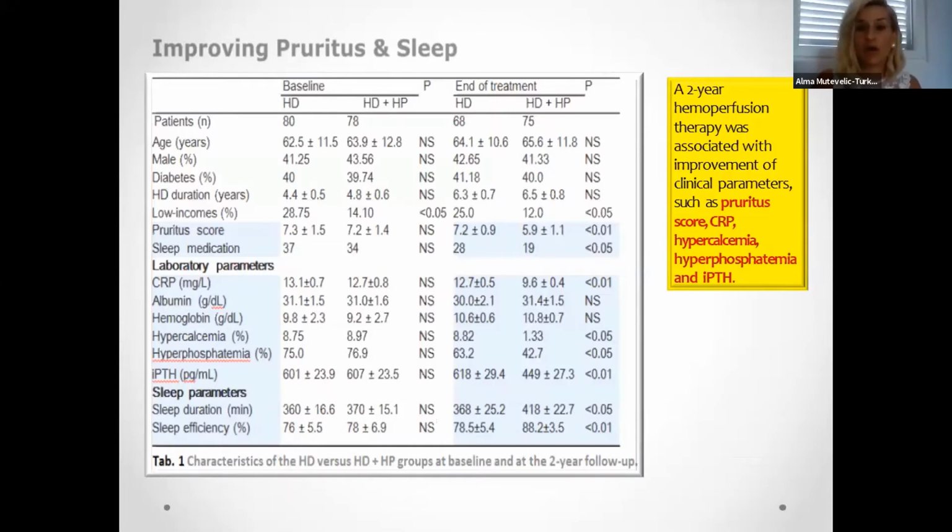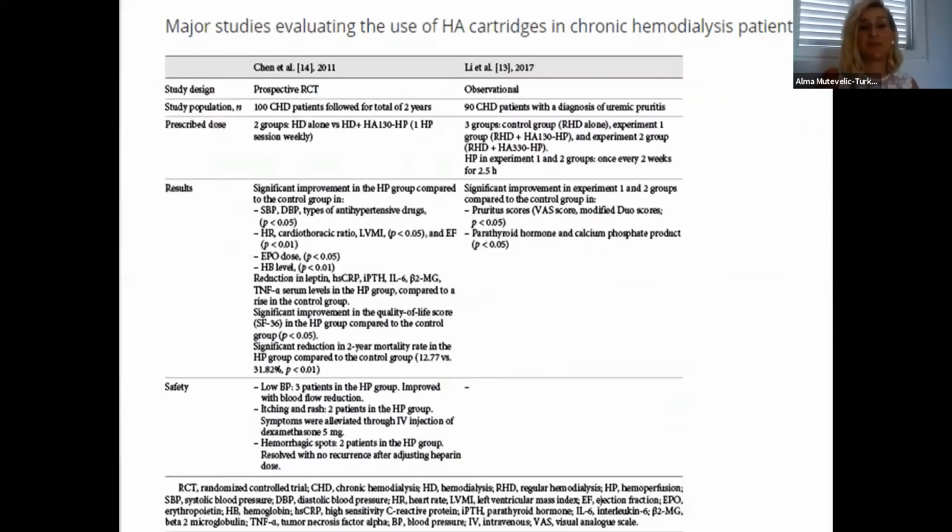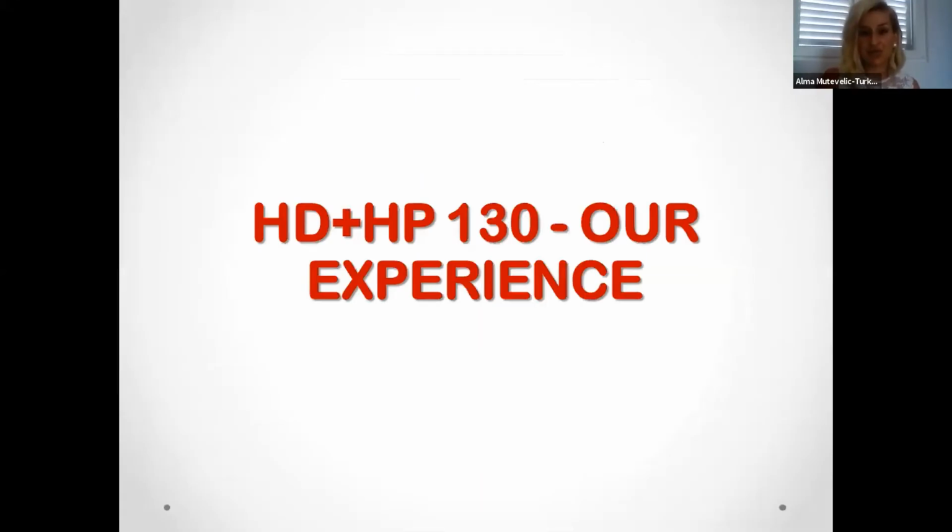They are also associated with a reduction of pruritus score and parathyroid hormone, an increase in nocturnal melatonin secretion, improvement in sleep disorder, and, most importantly, improvement in the overall survival rate. As you can see on this slide, some of the benefits of hemoperfusion are listed. But now, after this brief introduction, I'm going to switch to our experience.